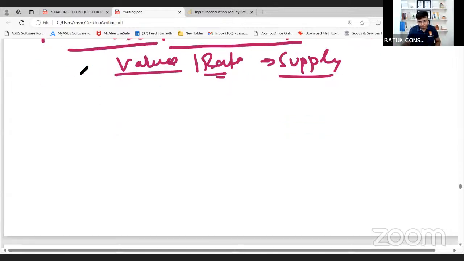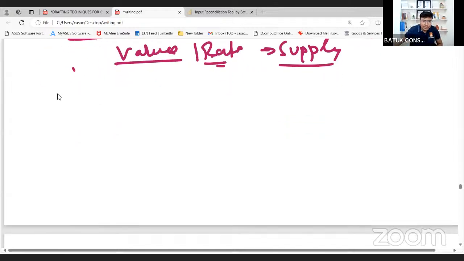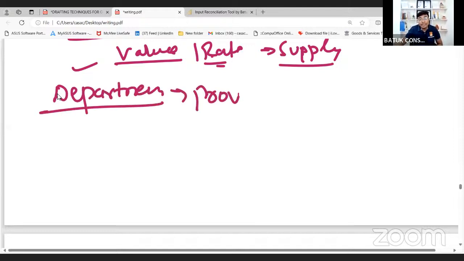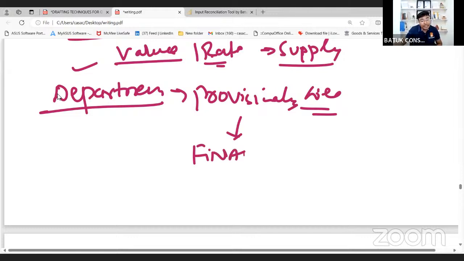Now in this specific situation, first the departmental authority will provisionally determine the liability. Then, within a specified time period, the departmental authority has to determine the final liability.